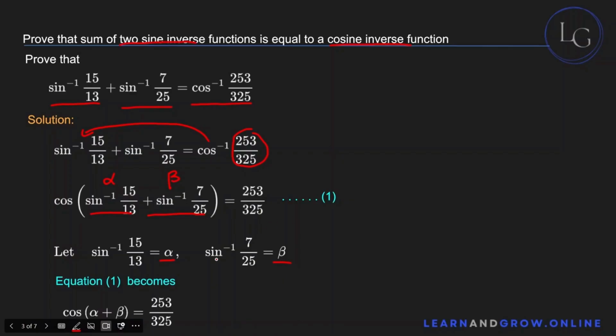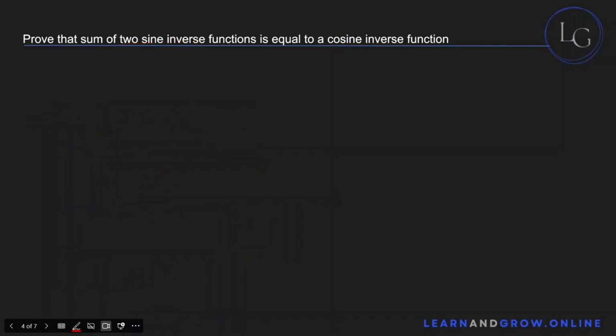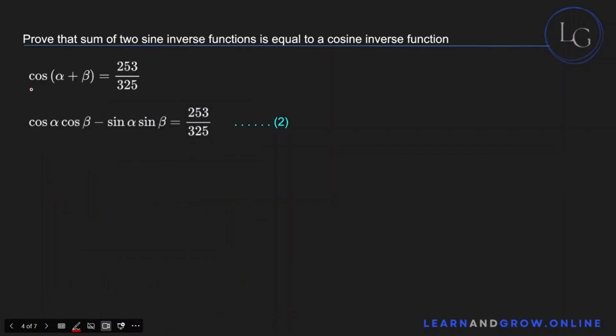So this equation becomes cosine of alpha plus beta equal to 253 by 325. Now replace cosine of alpha plus beta with its trigonometric identity value: cosine alpha cosine beta minus sine alpha sine beta.